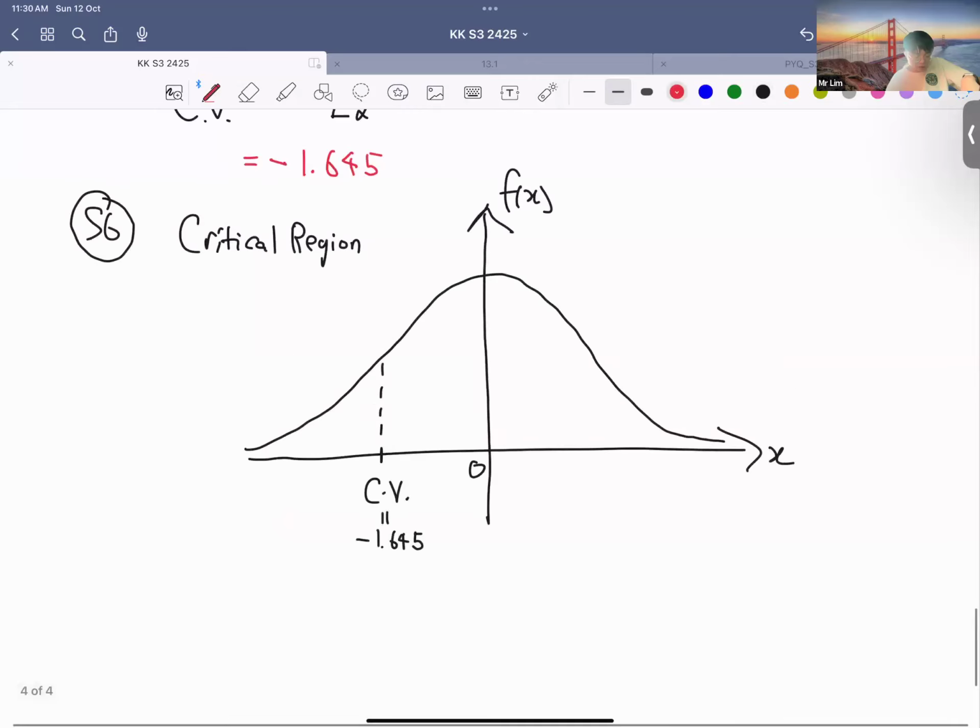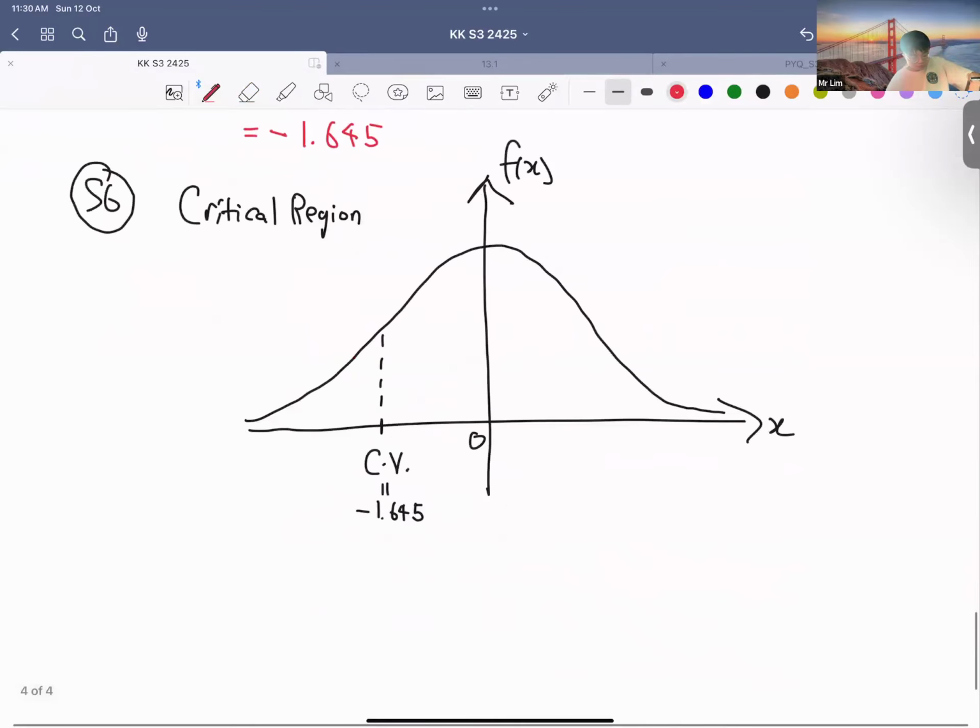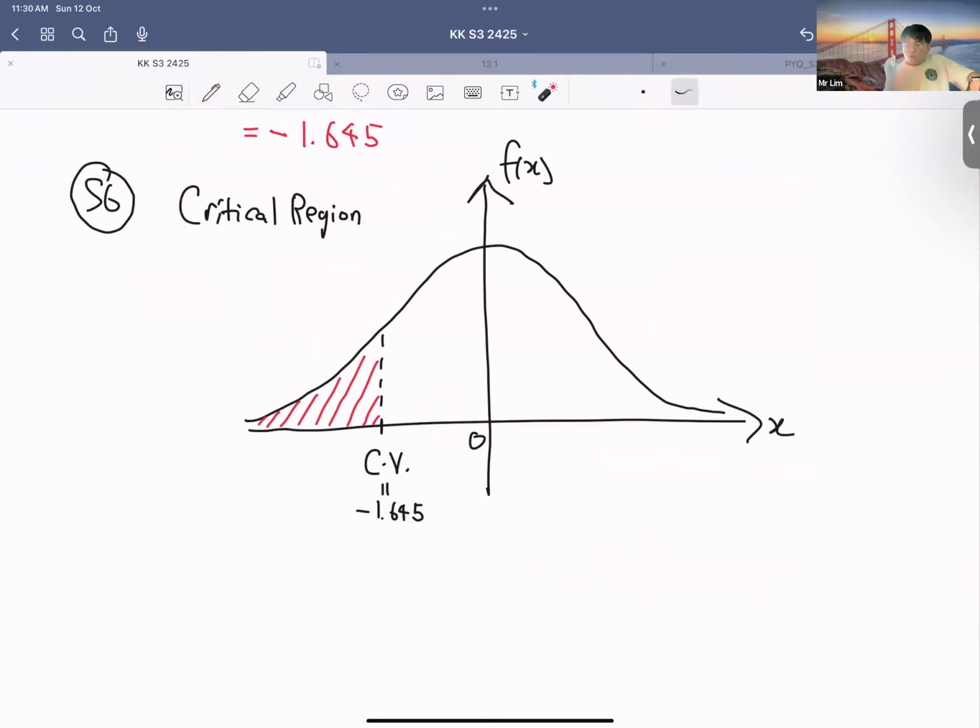Simply saying CR. Your CR is the rejection region, the region in which you have to reject your null hypothesis. So your CR is on the left side of your CV. It depends. If you are doing a right tail test, your CV most probably will be here, 1.645 positive, and your CR will be here.